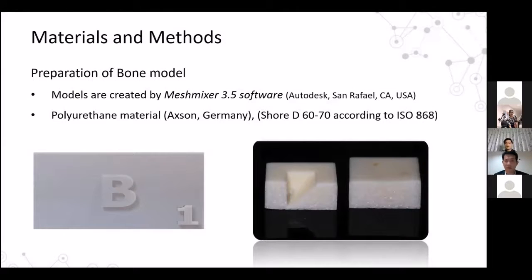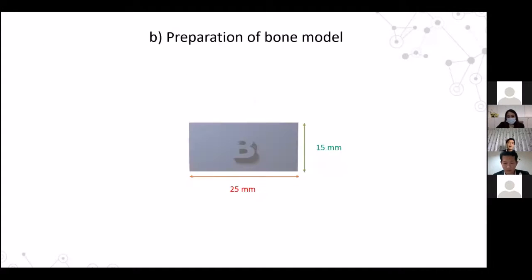Next, the preparation of the bone model. 20 bone models made from polyurethane material simulating human bone, with a cortical thickness of 1 millimeter and the rest cancellous bone, were prepared. This is the dimension of the bone model.